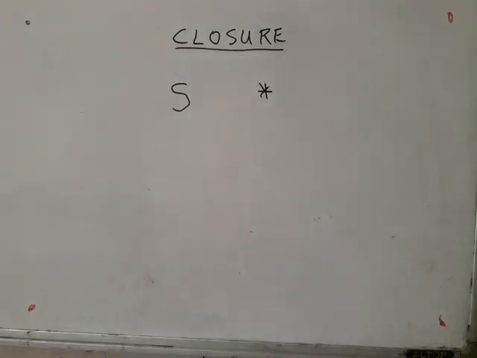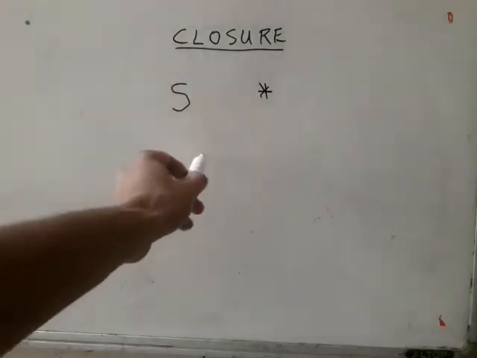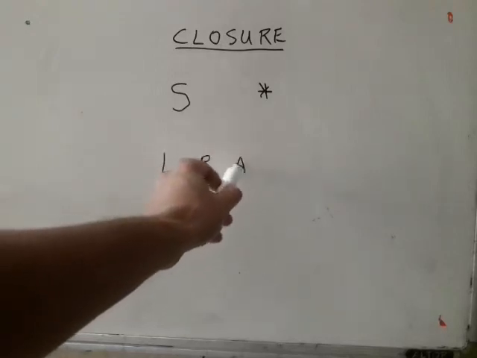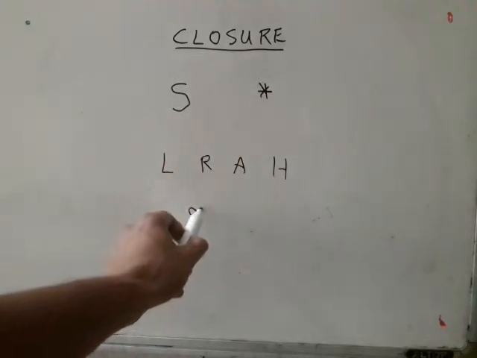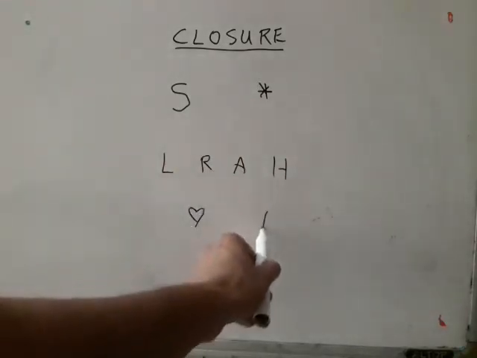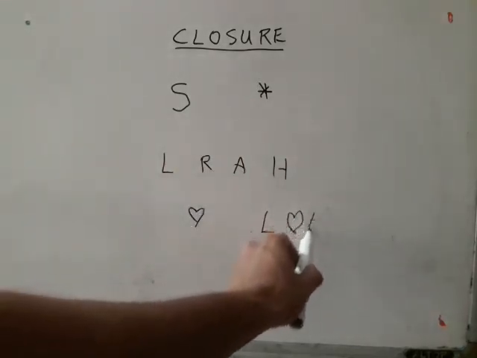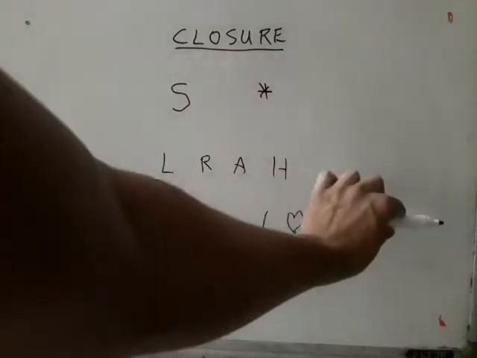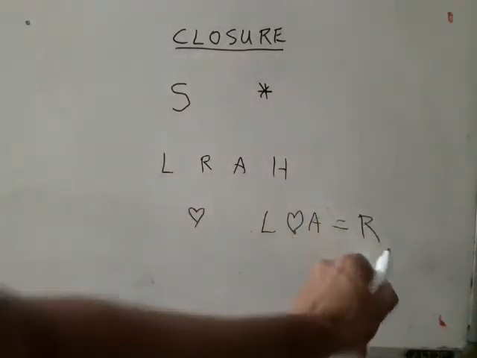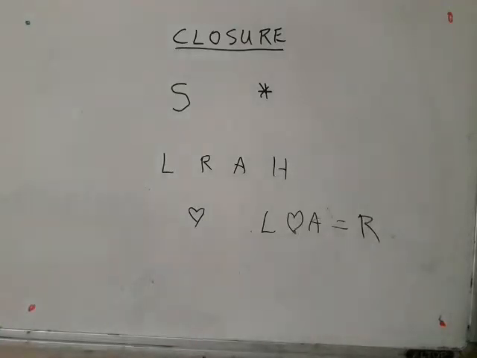For example, in the parading soldier example, the set was left, right, about turn, and halt. And the way we are combining was the followed by operator. So when I said L followed by A, that means left, then about turn, that is right. So this was the followed by operation. L followed by A was R.